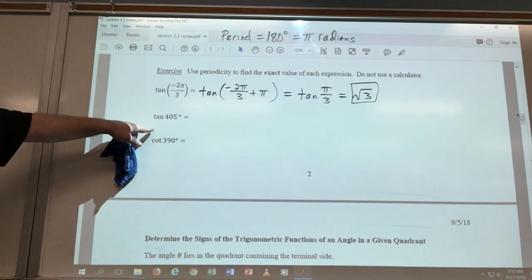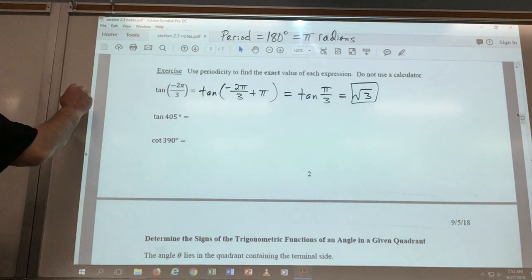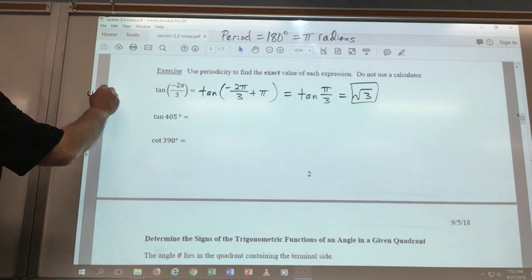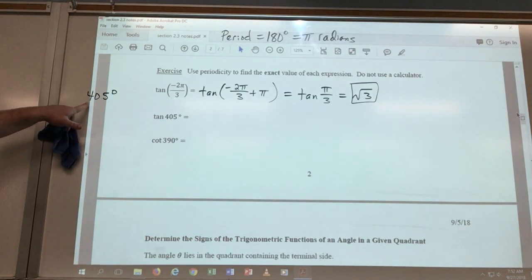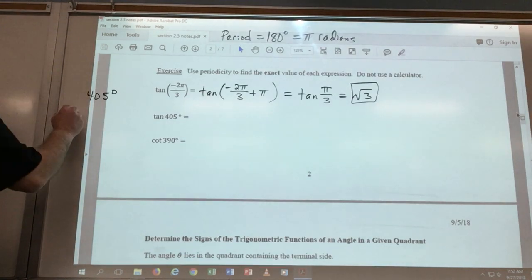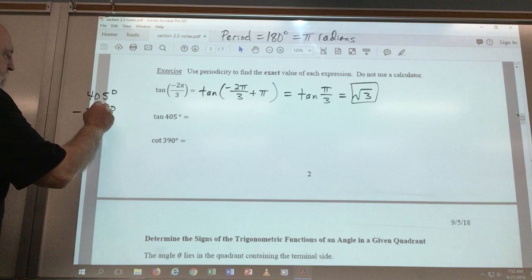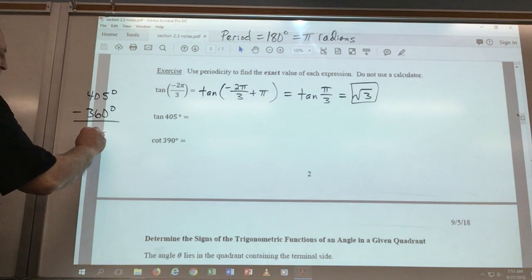In the second example, okay, we have the tangent of 405 degrees. Well, I can subtract 180 from 405 degrees twice, which is the same as subtracting 360 degrees. 405 minus 360 is 45 degrees.